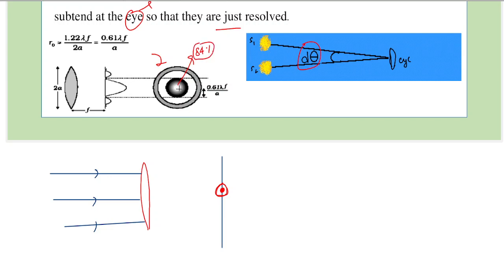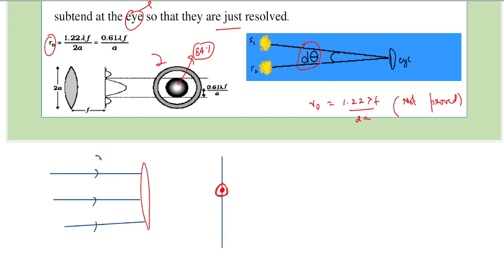This will have some radius that's called R0. So R0 is the radius of the spot. From ray optics, it should be a very small point, but because of diffraction, as we discussed earlier, it will be a bright spot like this. And this radius is given by 1.22 lambda into f by 2a. Now this has not been proved because the proof is beyond the scope of the syllabus, but we can understand what the terms are.